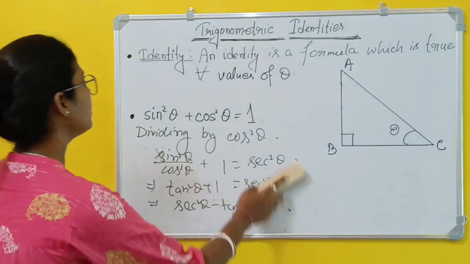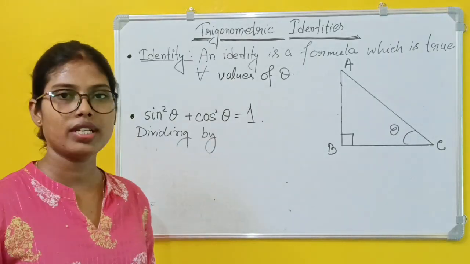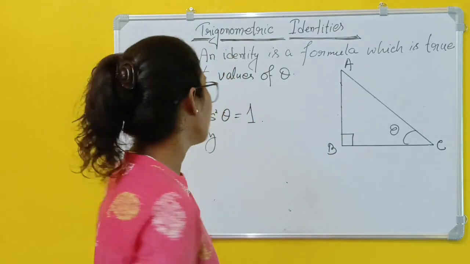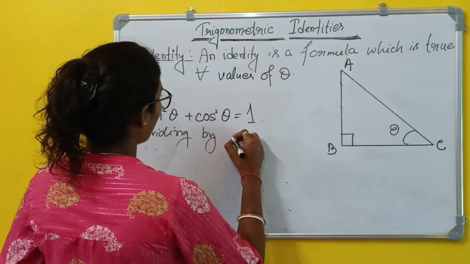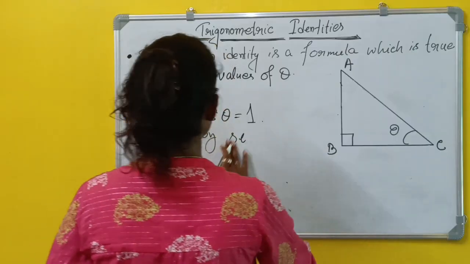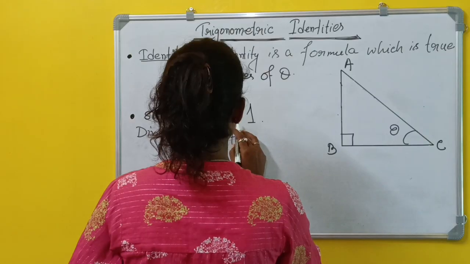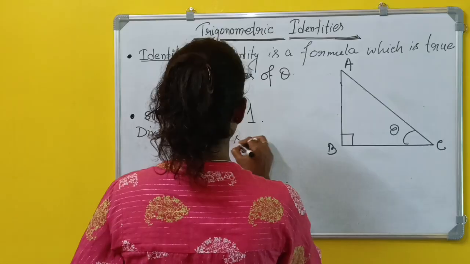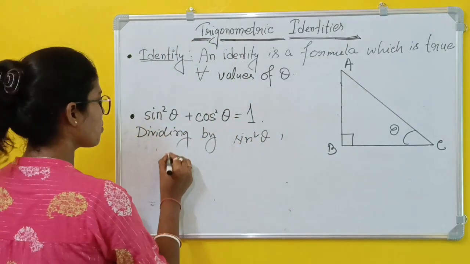We take the first identity and divide both sides by sine square theta. Sine square theta by sine square theta is 1.